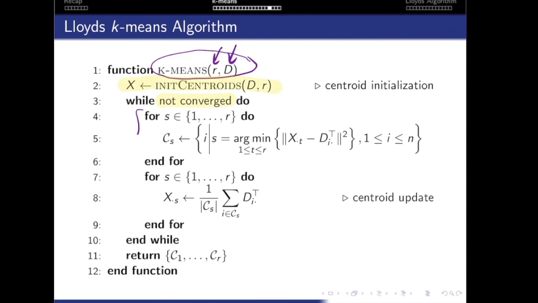So this is this step here. In this step we assign the points to their closest centroid, and then we recompute the centroids. This is then the second step. So you see here in the first step that cluster with index S is the points for which centroid XS is closest. Yeah, and then we return what we got, so the clusters we received by this procedure.